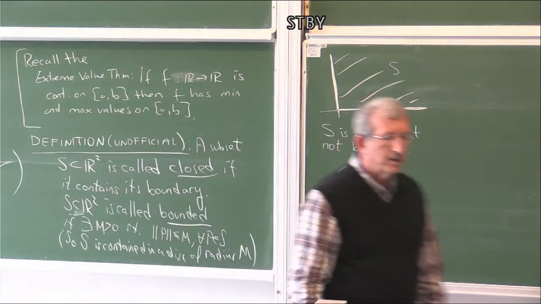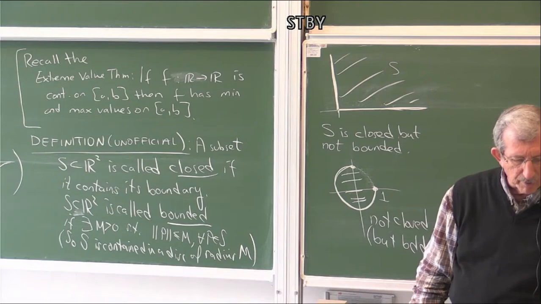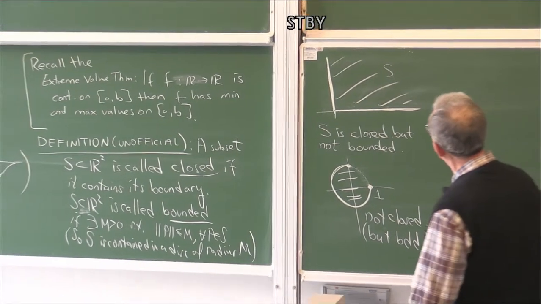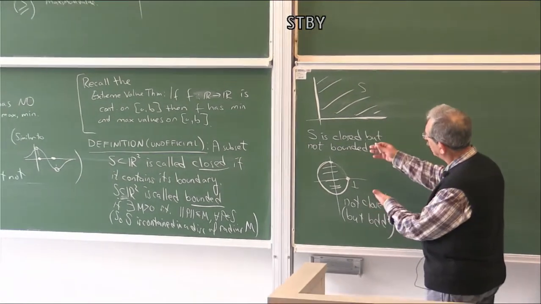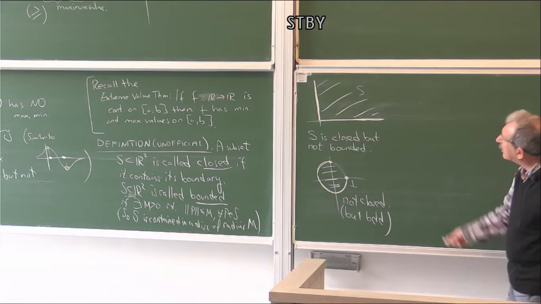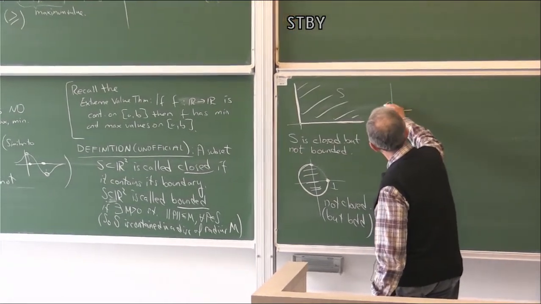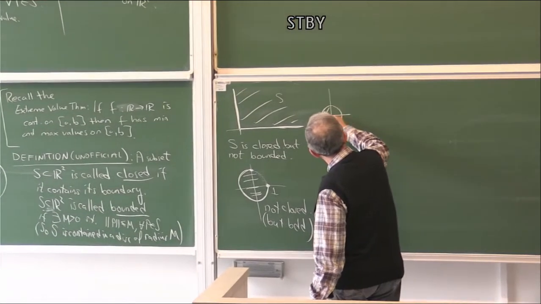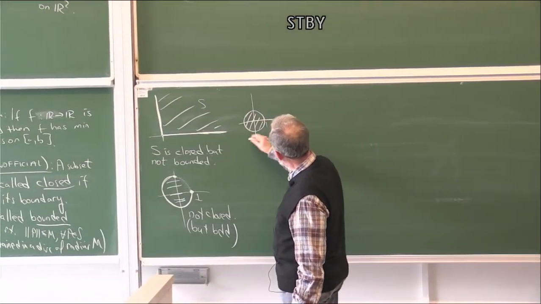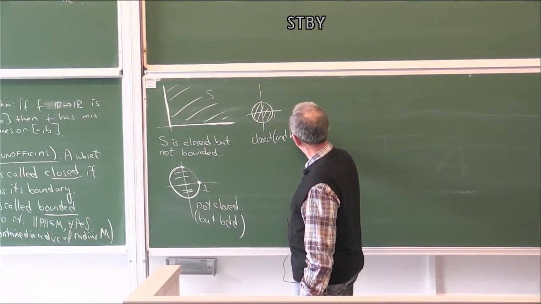Okay. So this is basically about closed and bounded sets. Of course, they don't go together all the time. But if you close this part, namely, if you consider a circle with its boundary, then this is closed, of course, and bounded.